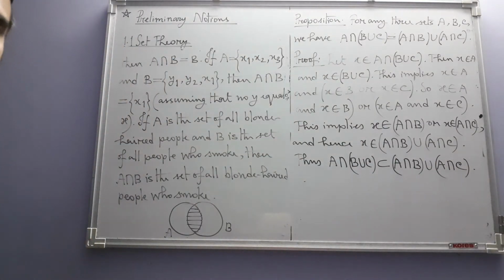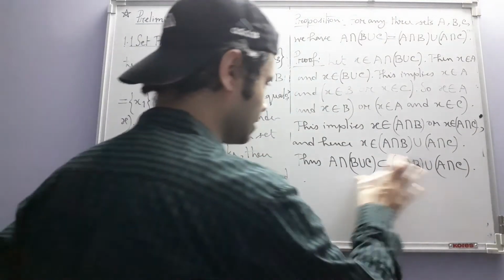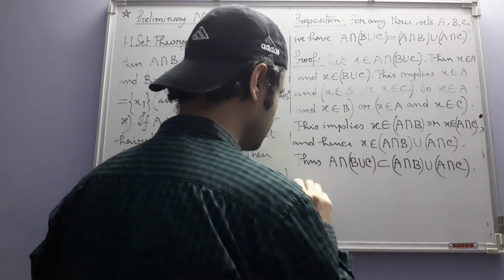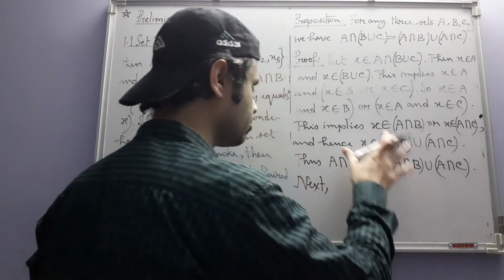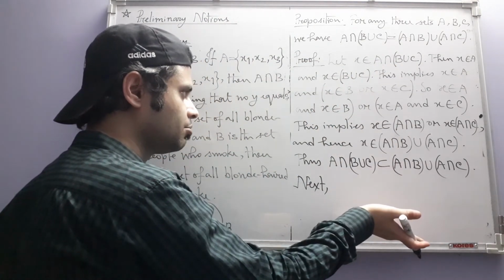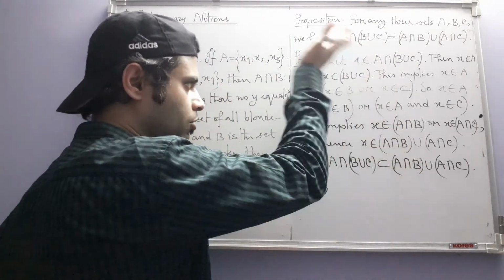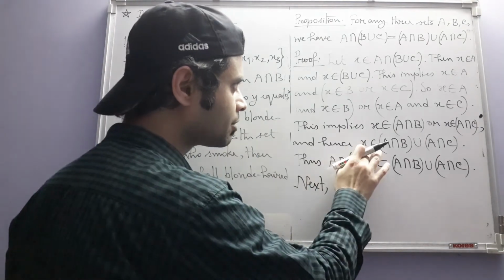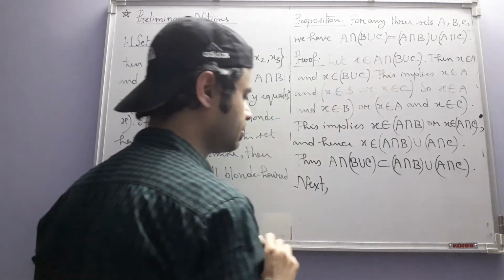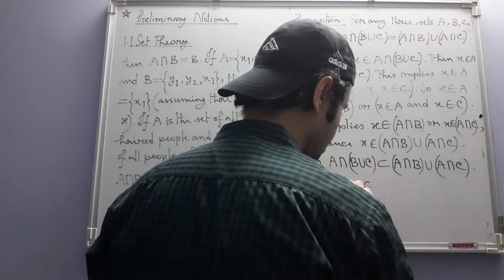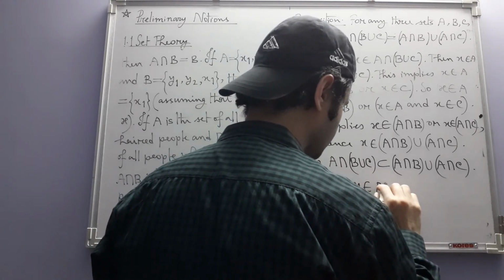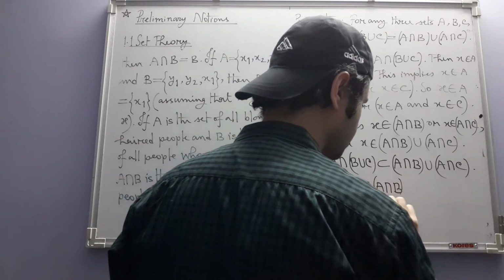Okay, next we will prove the other containment. It's just going to be like this one, only the arguments will be in the opposite order. We will start from here and end here. Next, let y belong to this.